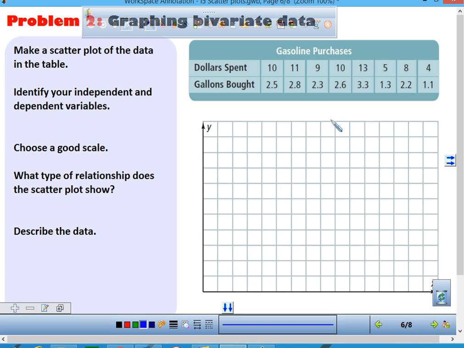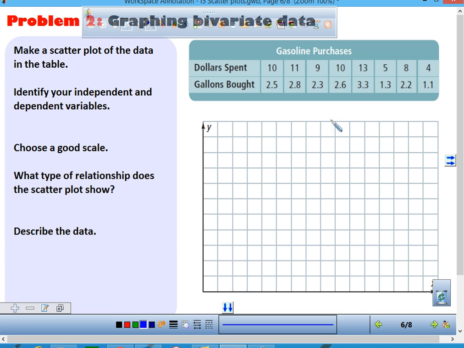The gallons bought is dependent on the dollars spent. It's the opposite. The dollars spent is dependent on the gallons. The dollars that you spend is going to depend on how many gallons of gas you put in your car, right? If you only put 2 gallons in, you're going to spend less. If you put 8 gallons in, you're going to spend a lot more.